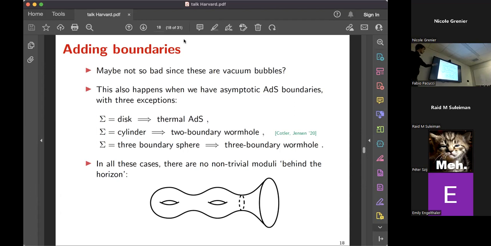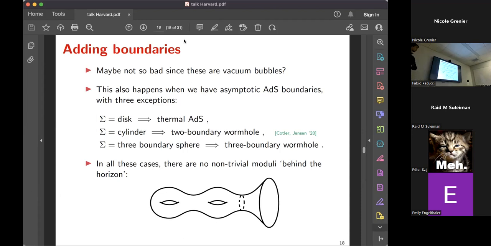That's what we often call a Euclidean wormhole. It's a topology that connects 2 different AdS boundary conditions. In this case, this 2-boundary wormhole partition function was computed some 2 years ago by Cotler and Jensen, and this computation recovers that, arguably in a simpler way, I think.